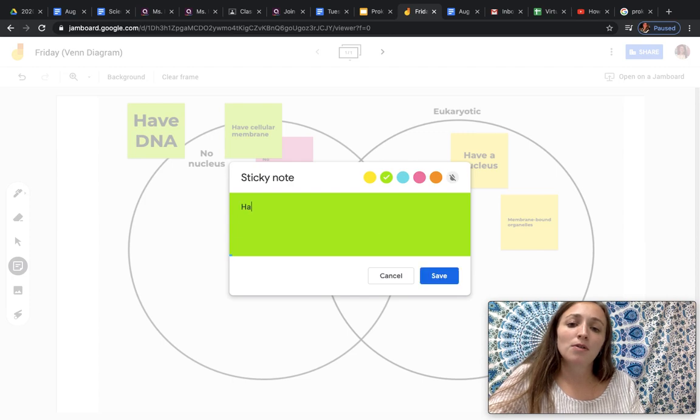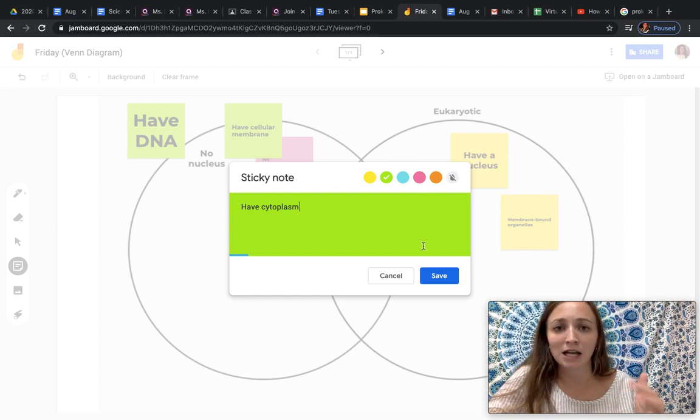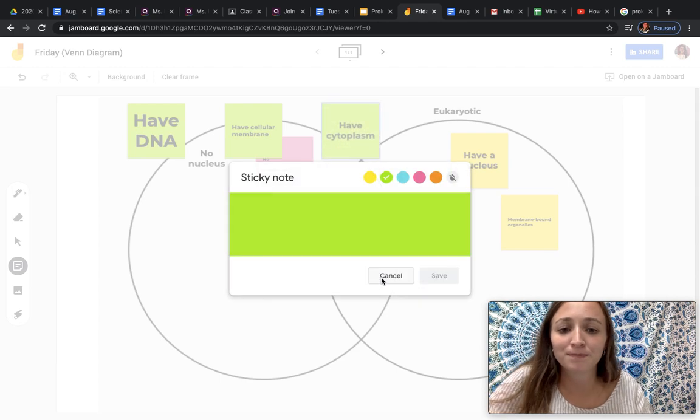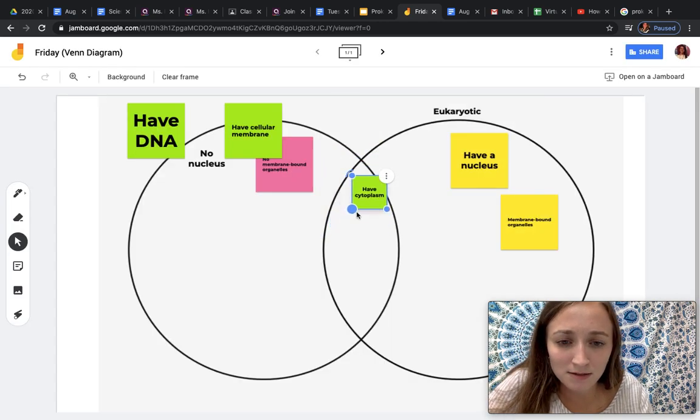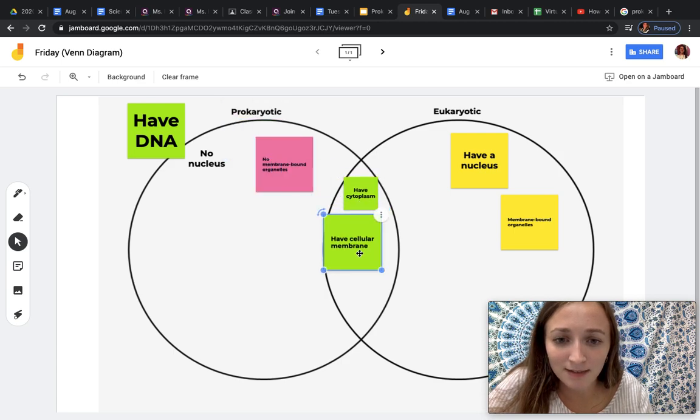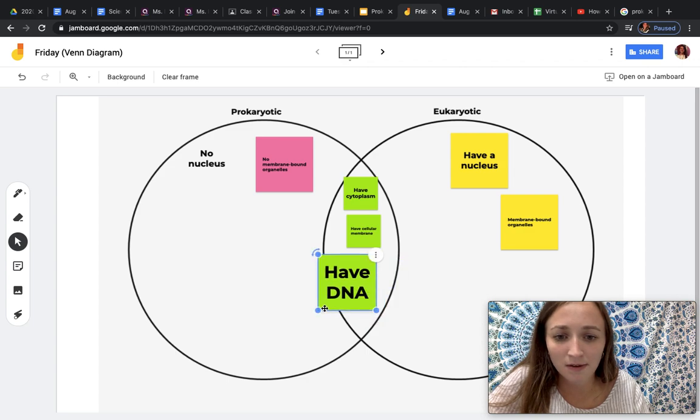And they both have, there's one more, what is it? Cytoplasm. Remember, cytoplasm is that jelly-like stuff that's in between all of the organelles. So let's move it. You can also shrink things like that in case it's too big. Make it nice and organized.